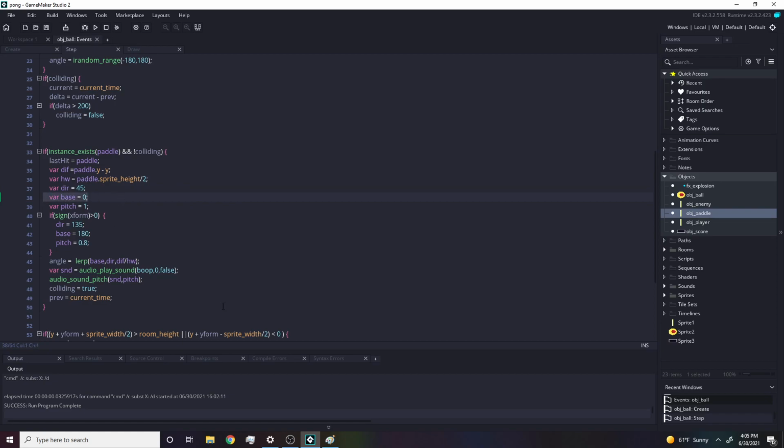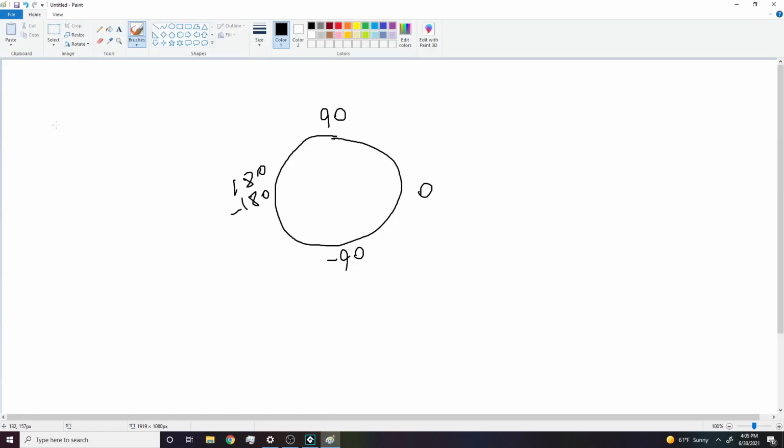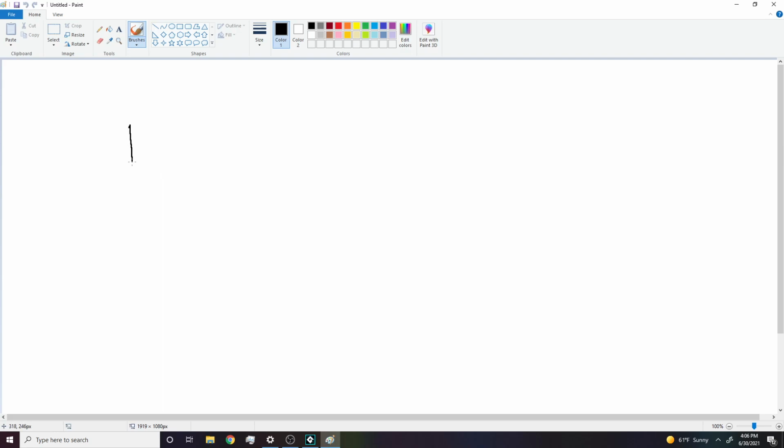If we're hitting to the left, let me see if I can describe this. It's actually a little more complicated to describe than I thought it would be. But we've got a paddle right here. We've got our ball right here, right?